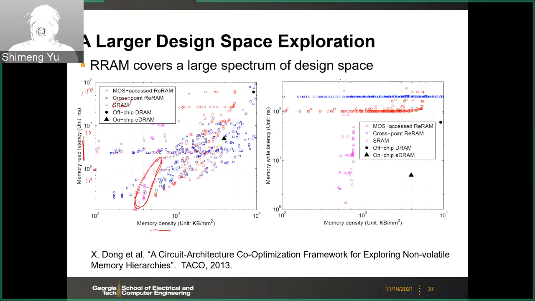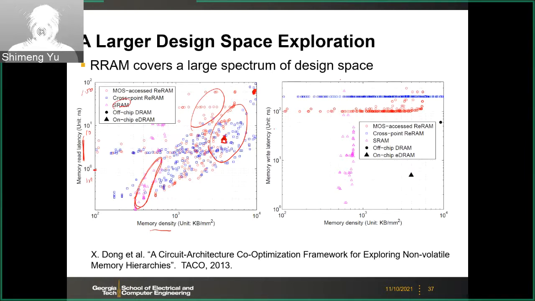Because of the latency, even before you run the simulation, you will know, right? RRAM generally will have higher read latency. And then here the 1T1R, like the cross points. And here are 2 points for eDRAM, and this is off-chip DRAM, standalone DRAM. So you know the space of your design.